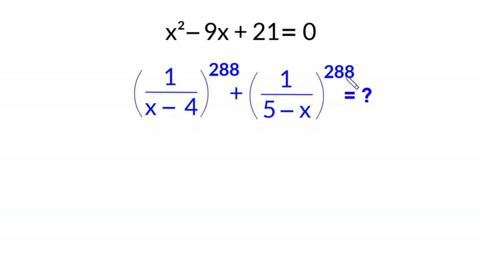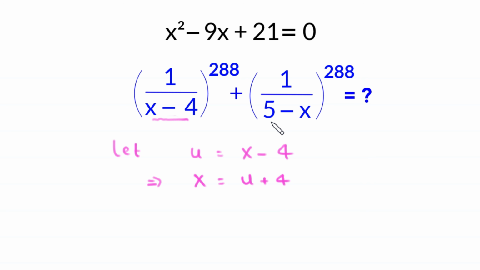So let's start. To simplify the solution, we suppose that this denominator x minus 4 equal to u. Let u is equal to x minus 4. Move this negative 4 to the left hand side. This implies that x is equal to u plus 4.